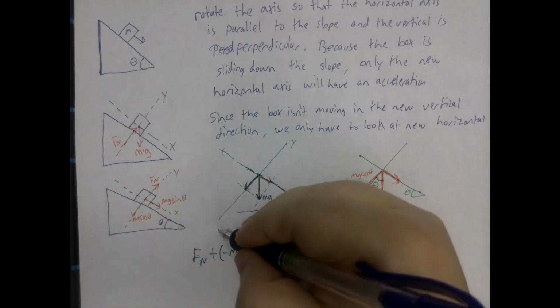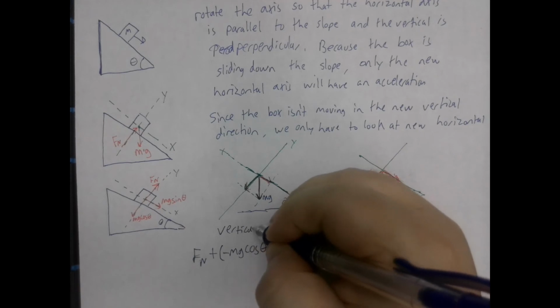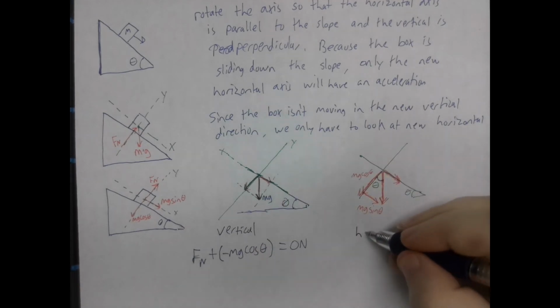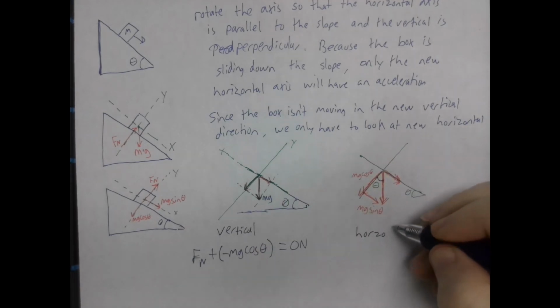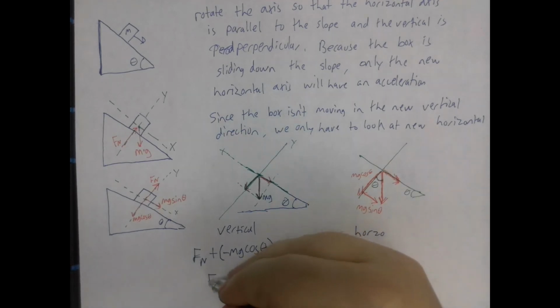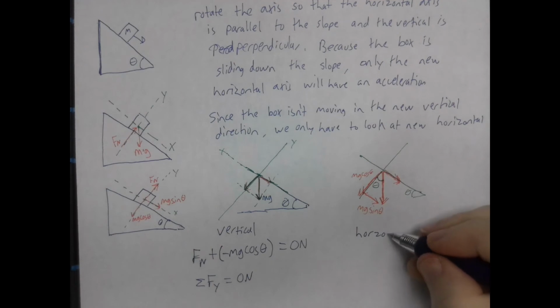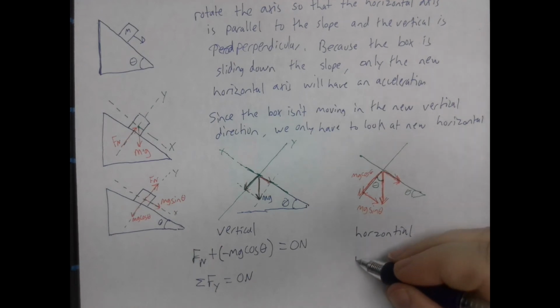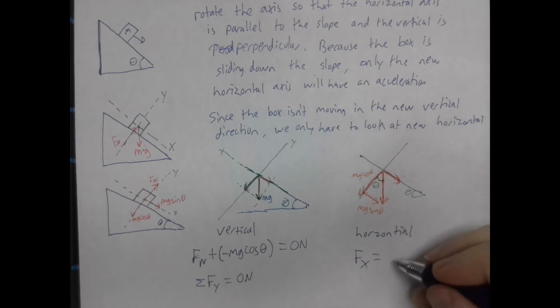And this is the vertical. So the sum of y's equals 0. And in the horizontal, we only have one force, so Fx is equal to mg sine of theta.